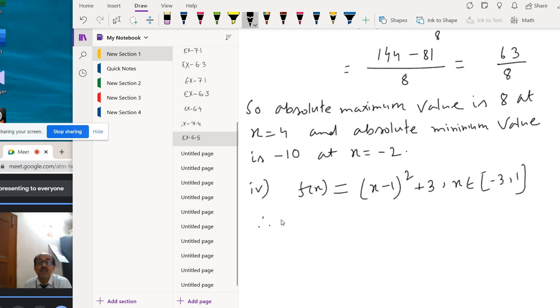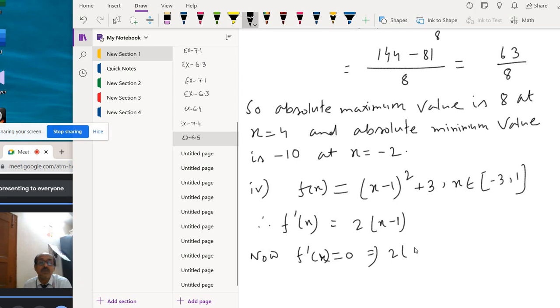So therefore f dash x, its derivative, is 2 into (x minus 1), and x minus 1 derivative is 1. So 2 into (x minus 1) plus 0. Derivative of 3 is 0. So now f dash x equal to 0.